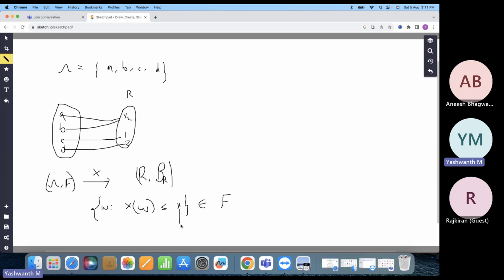And this should hold for all x belonging to R. So I think we have F to be omega, empty set, A, B, and C, D. Sorry for this bad notation.